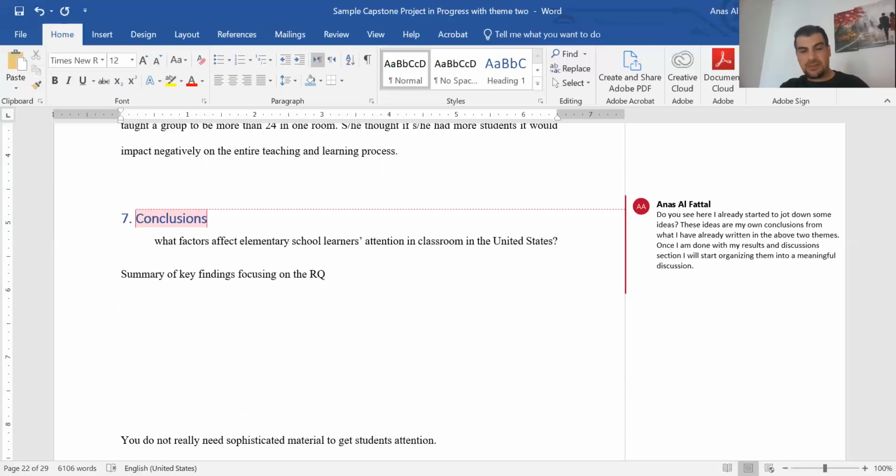The second component is recommendations. What kind of recommendations does this study offer? After the recommendations, you also need to think about limitations and challenges.